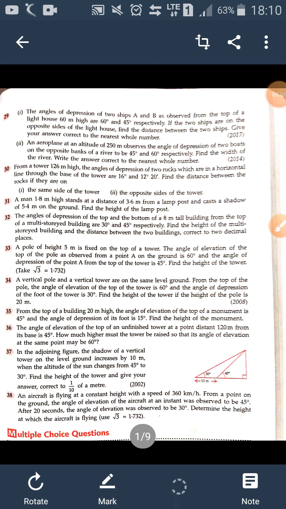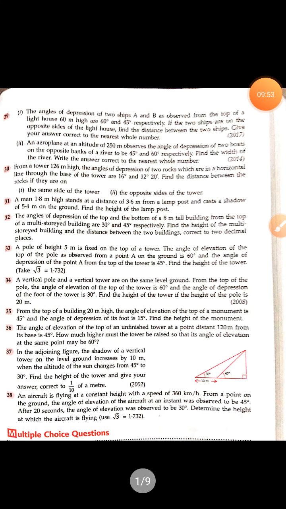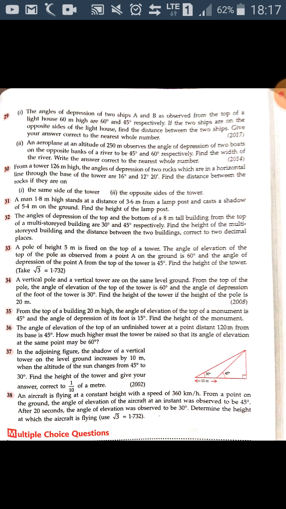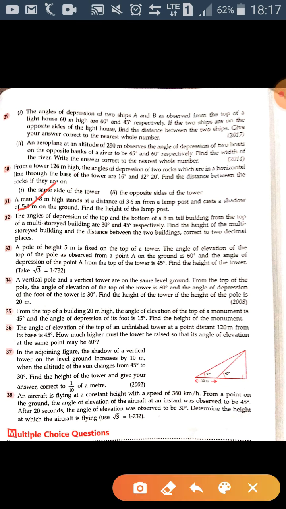So let's read sum number 31. It says that a man 1.8 meter high stands at a distance of 3.6 meter from a lamppost. So there is a lamppost over here, and there is a man over here. The height of the man is given as 1.8, and he is standing at a distance of 3.6 meter from the lamppost.